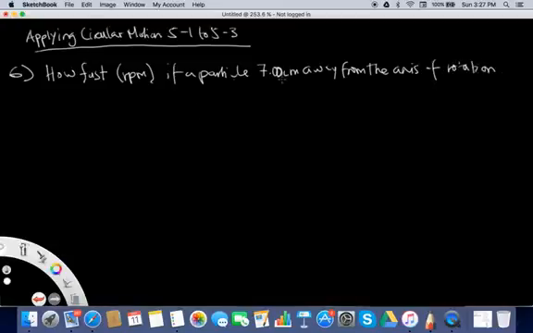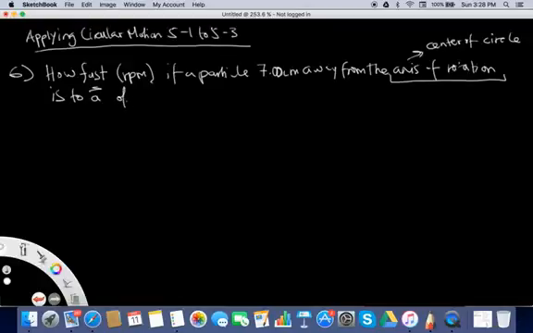All right, so if a particle 7.00 centimeters away from the axis of rotation, which is another fancy way of saying center of the circle, is to experience an acceleration of 125,000 G's.